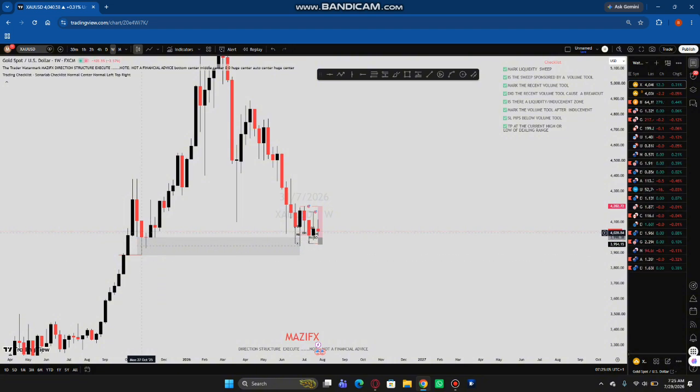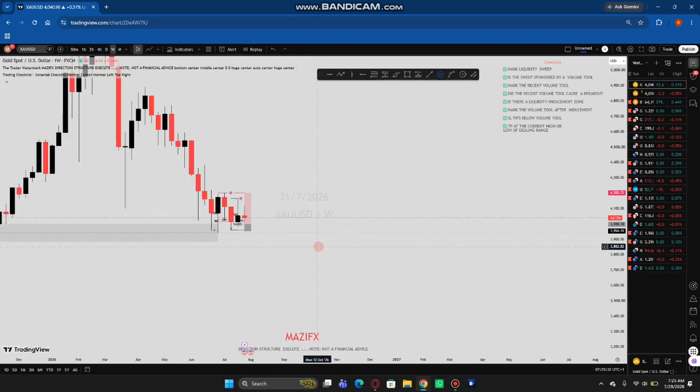You can see this is reacting off a key level here, and it closed above here, then left this, we can say, inducement. This came back inside, tested this, made a move to the upside, and rejected and came back into the zone.